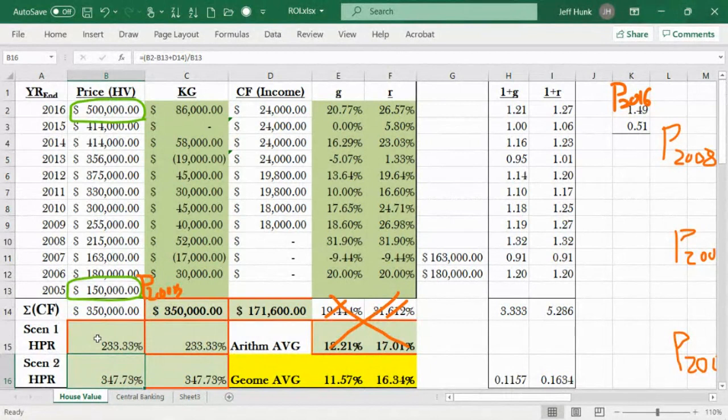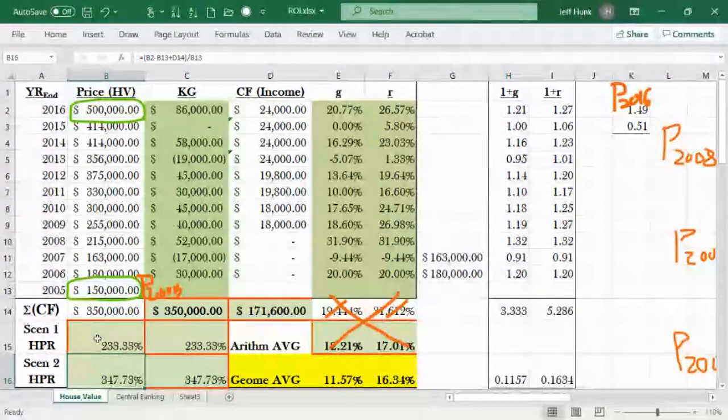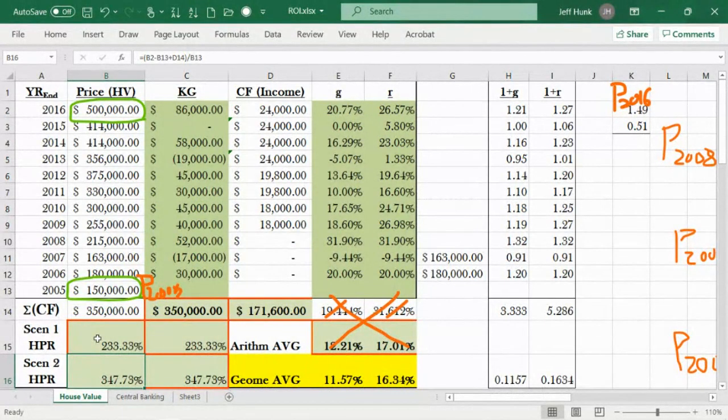Everyone has a different holding period. So what's the problem with that? You can't compare, right? There's no way of fair comparison because everybody's holding period is different. The return over different holding periods cannot be directly compared.